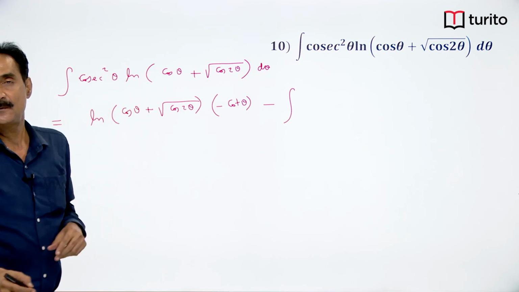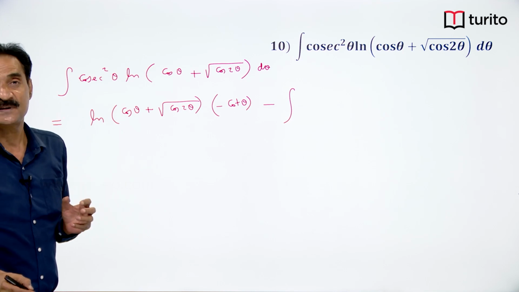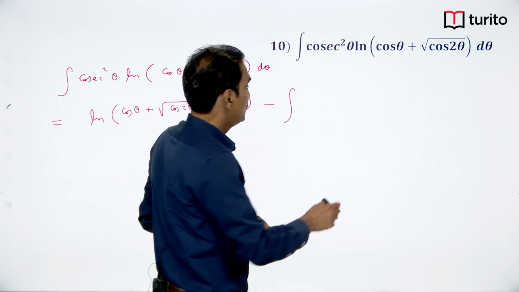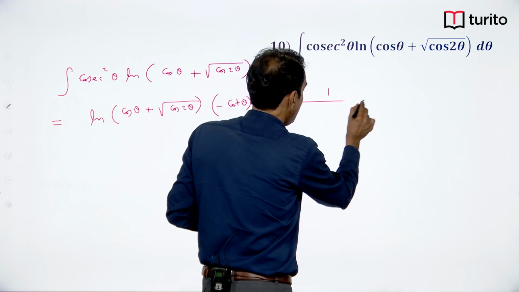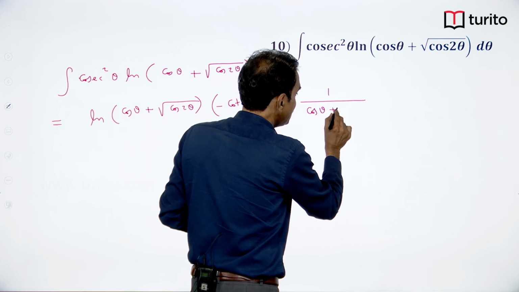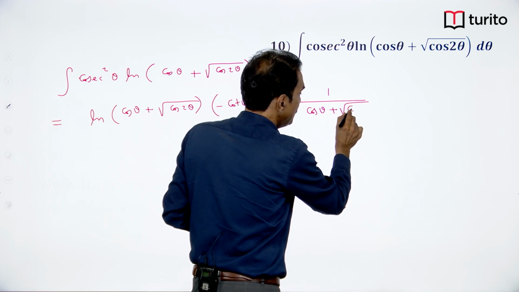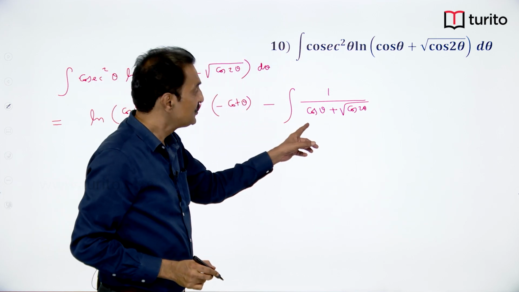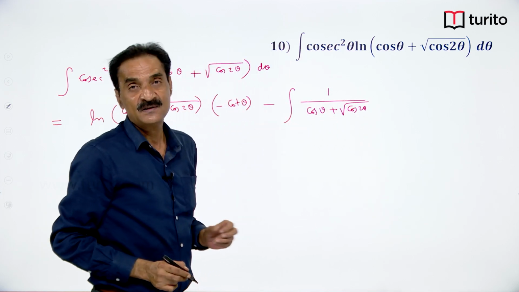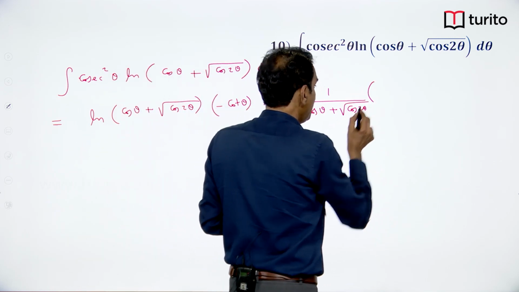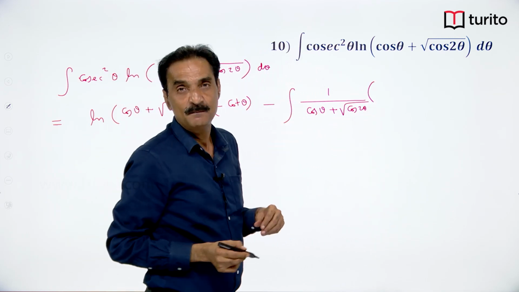What is the derivative of ln of cos theta plus root cos 2 theta? Derivative of log x is 1 by x. So, 1 by cos theta plus root cos 2 theta into derivative of cos theta plus root cos 2 theta, we have to multiply. What is the derivative of cos theta?